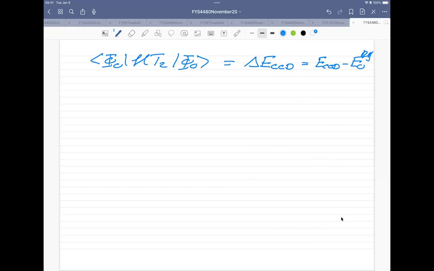Now, let's take a look at what we have here on the left-hand side. So now we're just going to put in the expressions for these operators, okay? If we look at H here, H contains either a one-body or two-body operator.